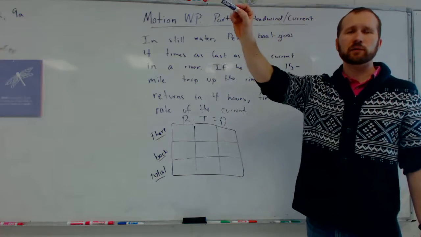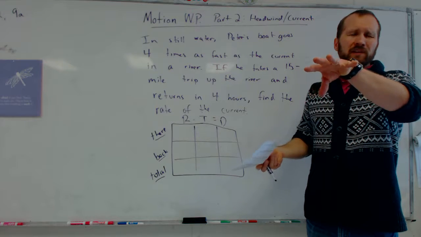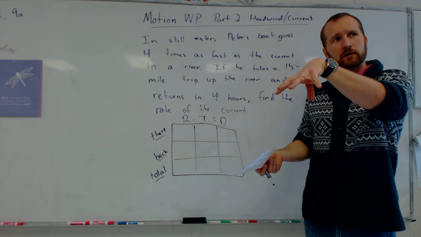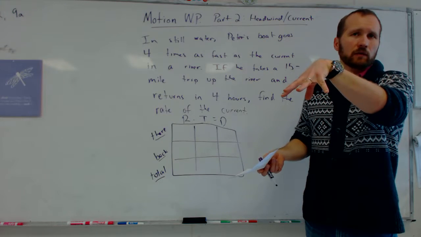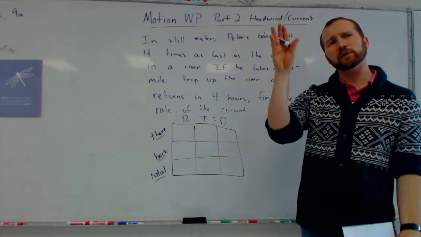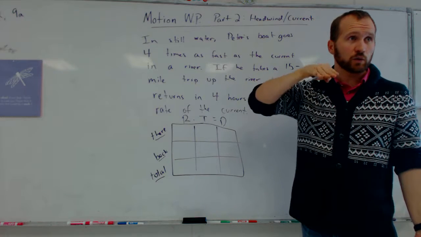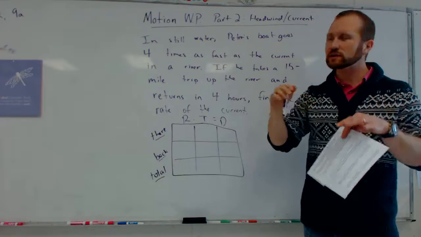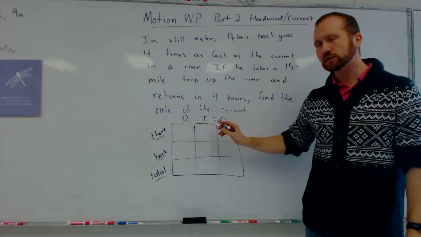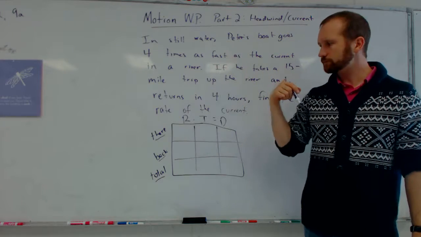When he goes up the river, his boat might say it's going 15 miles an hour, but if the current is 5 miles an hour, he's only going 10 miles an hour up the river. And when he's coming down river, if his boat says 15 and the current is 5, he's really going 20 miles an hour down the river. So that current changes his rate, and it's going to change his time as he goes up and down.